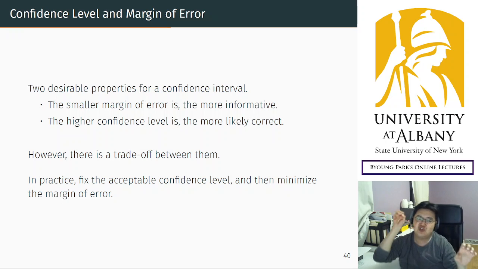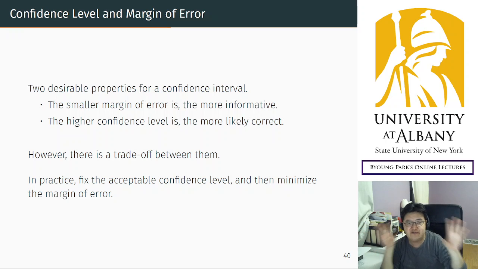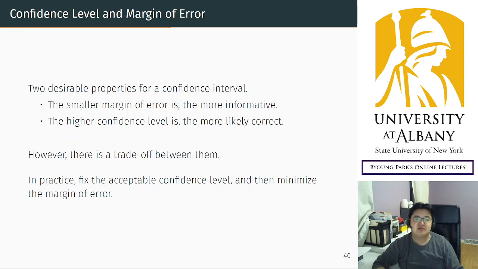Vice versa. If you choose margin of error, then confidence level will follow. So you have to choose one of them, and usually we fix the confidence level first. For example, if you want to make your estimator 99% correct, then the confidence level is 99%.